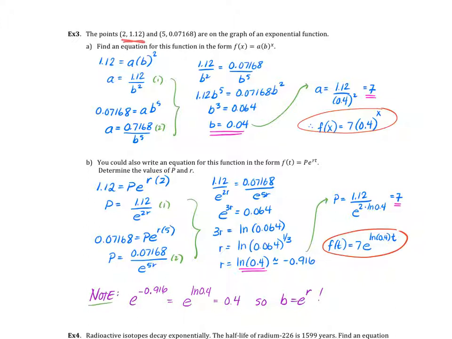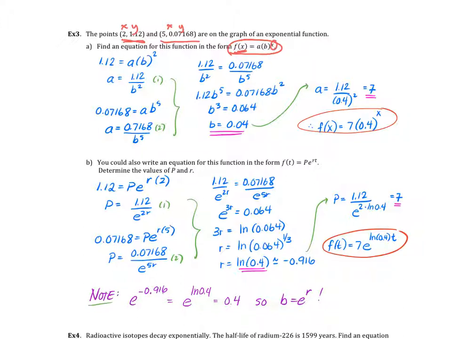We give you 2 points, the point (2, 1.12) and (5, 0.07168), which are on the graph of an exponential function. We're asking you to get the equation of this exponential function. So obviously you have your x coordinate, your y coordinate, your x coordinate, your y coordinate. So you just substitute in your x and your y value.